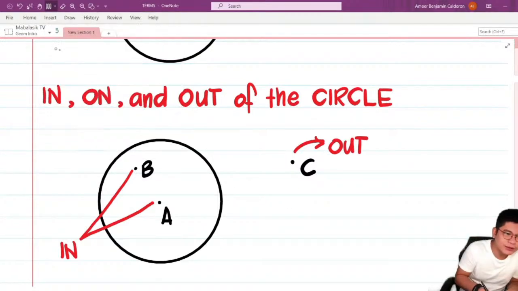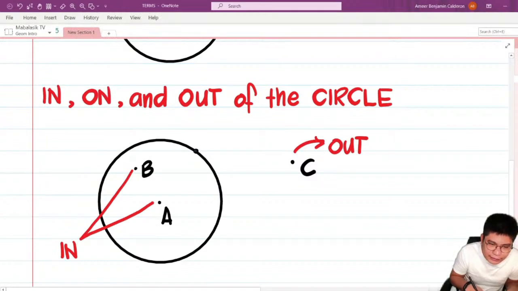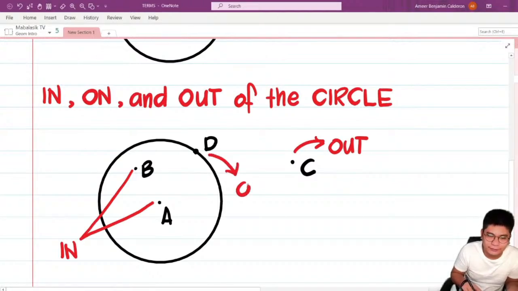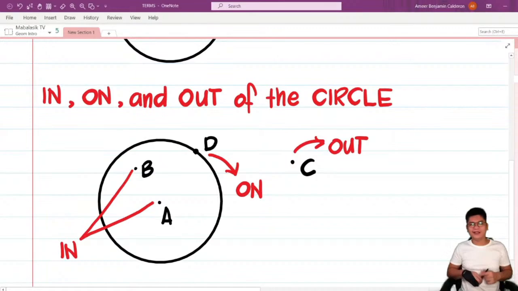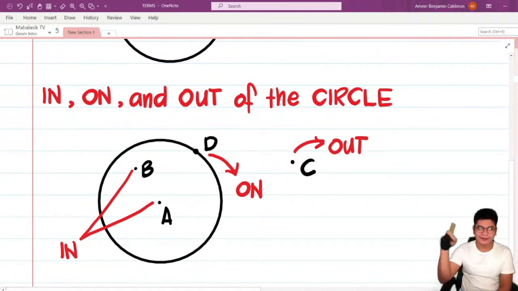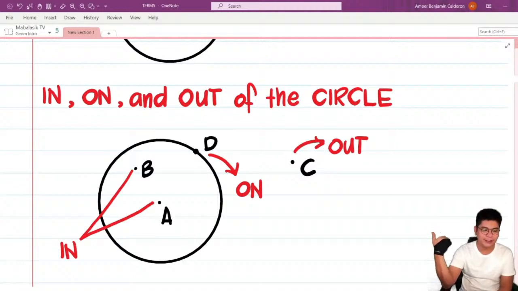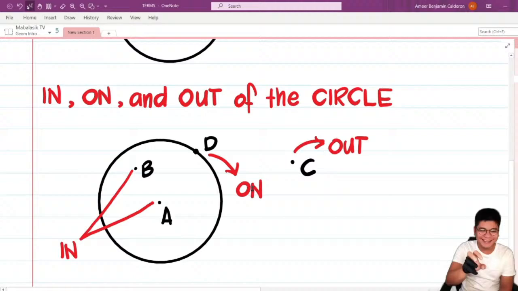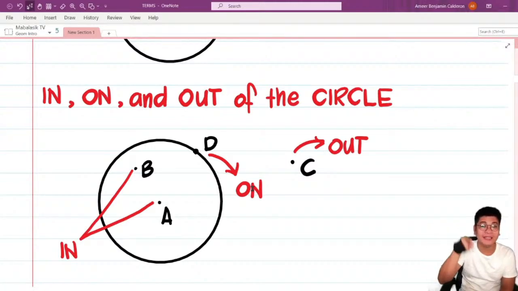So, yung on, yan. Nasa mismong circle. So, that is on. Okay, SirABC, bakit kailangan pa namin malaman yan? Parang ang basic-basic naman yan. Kasi sa mga succeeding definitions natin, meron tayong on the circle, out the circle. So at least alam na natin na basta in sa loob. Needless to say, di ba? Out sa labas. Pag on, nasa mismong circle.